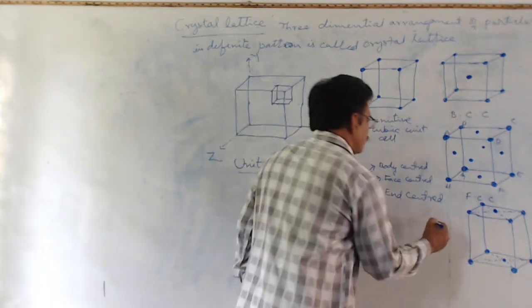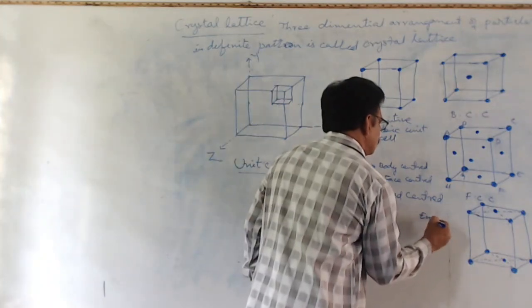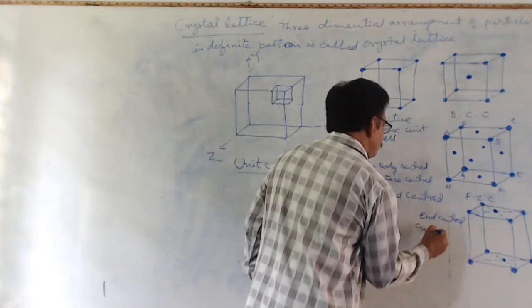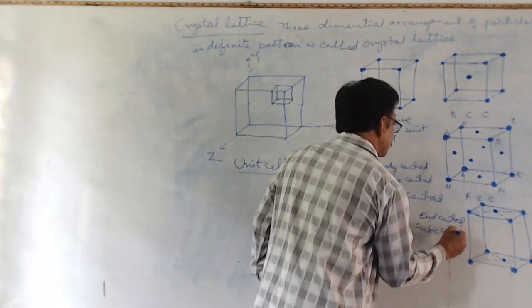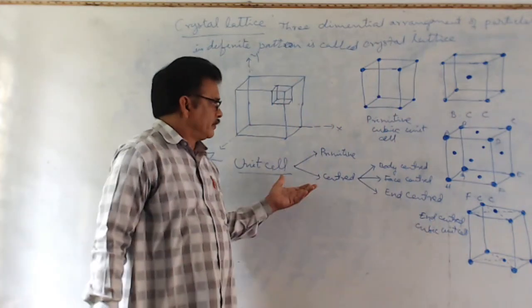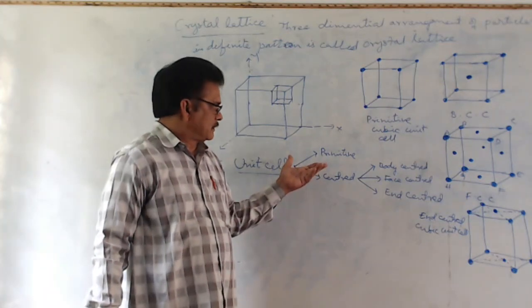This is the end-centered cubic unit cell. So unit cells are of different types.